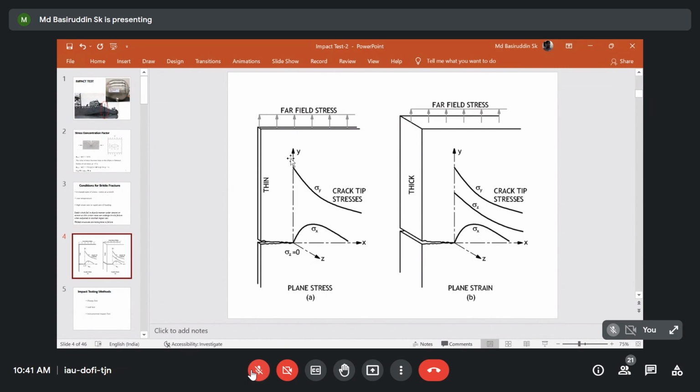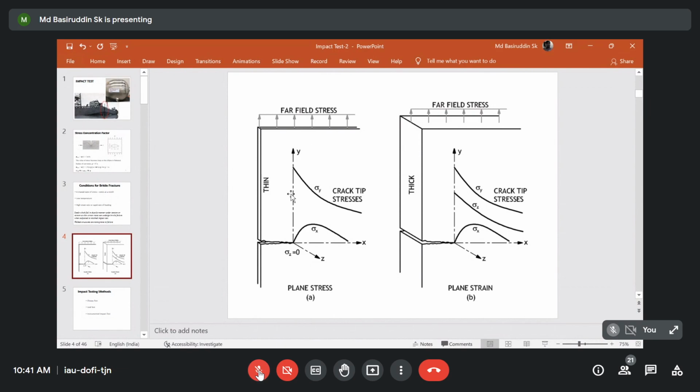So here, what will happen when sigma y is very high? When sigma y reaches the yield point, the material starts to yield, right? Though your applied stress is relatively less. Let's say your material's yield strength is 500 MPa, and you apply a load which results in a stress component of 400 MPa.